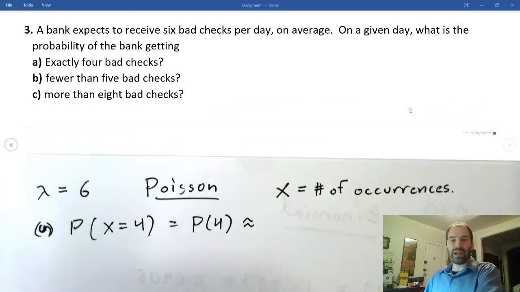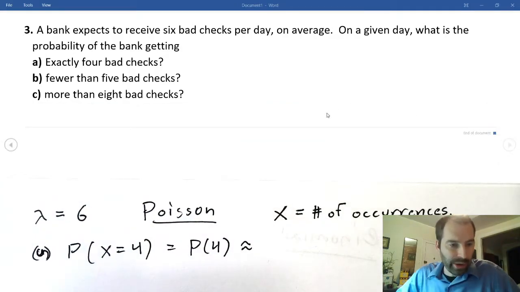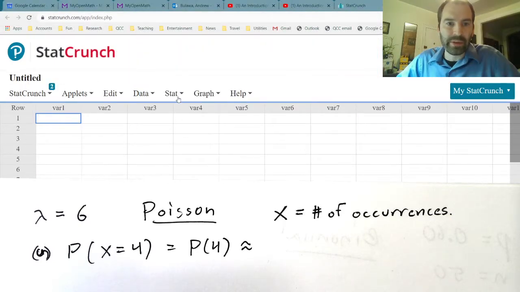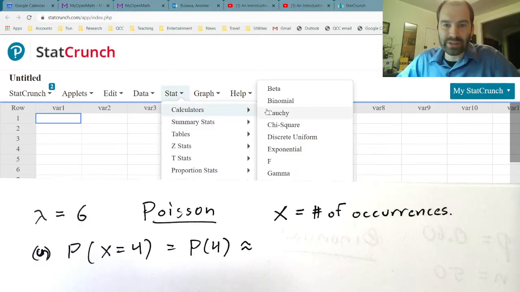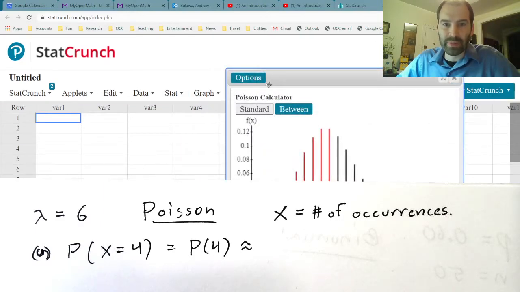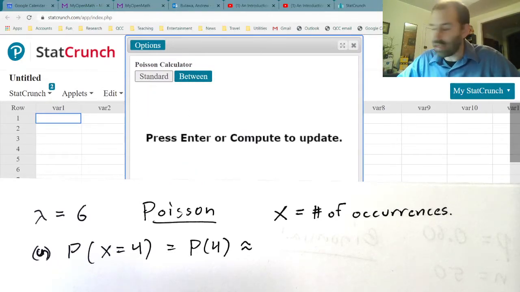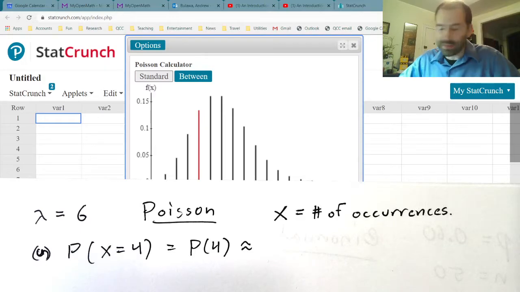So we want to know what that is. Let's go to StatCrunch and get our Poisson distribution. Okay, so I'll close this one down, go to Stat, Calculators, Poisson. And here it is. We've got to put in our parameters. There's only one parameter for this one, it's just the mean.